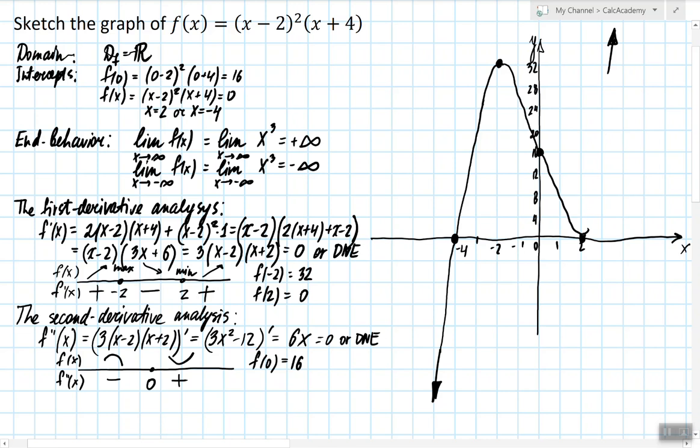There it turns around, concave up, and from there it's increasing to infinity. So this is how we sketch the graph of a polynomial function using the first and second derivative analysis.